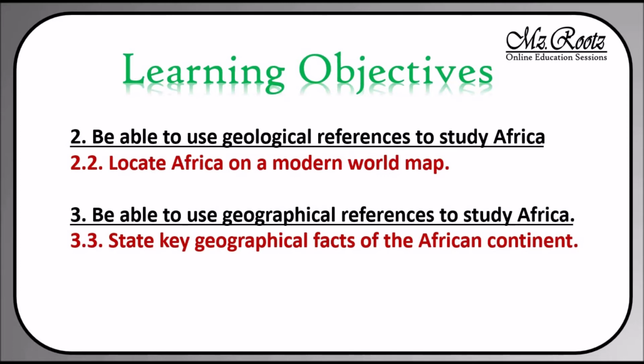As I stated, you'll be completing Module 2, Unit 2.2, which is for you to be able to locate Africa on a modern world map. You'll also be making a start with Unit 3, which is for you to be able to use geographical references to study Africa. And we will be looking at 3.3, which is for you to state key geographical facts of the African continent.